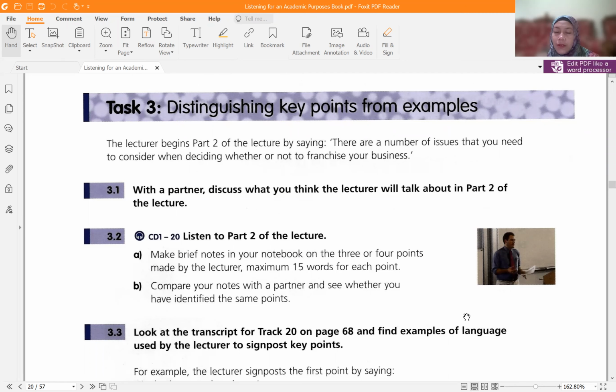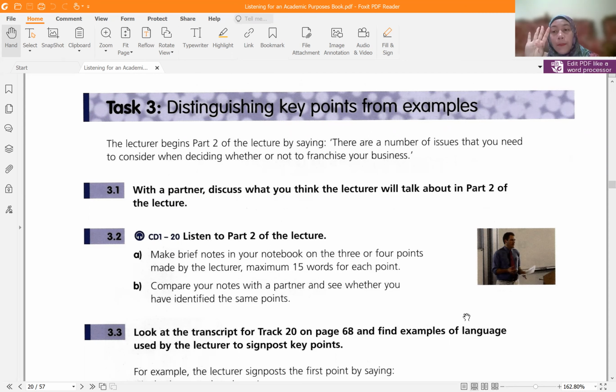Now we are going to listen to Part 2 of the lecture, and here you need to make brief notes in your notebook on the 3 or 4 points made by the lecturer, maximum 15 words for each point. Jadi di sini di Part 2 of the lecture there will be 3 to 4 points.